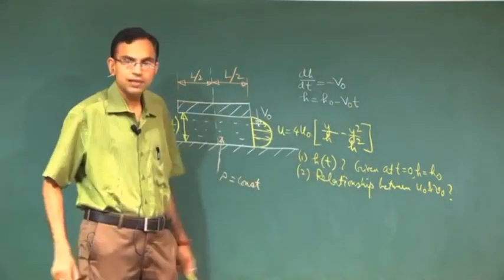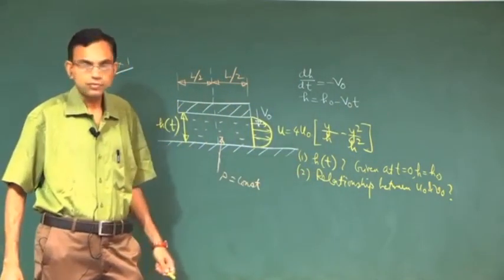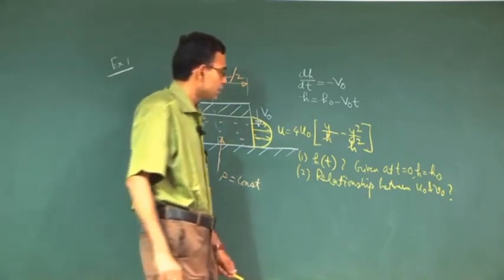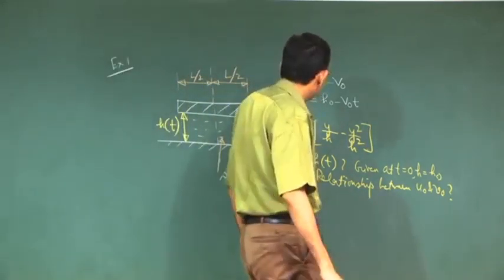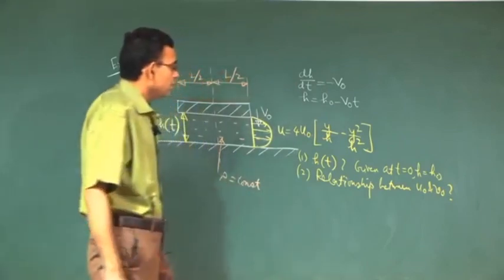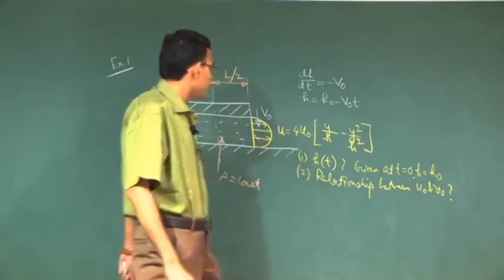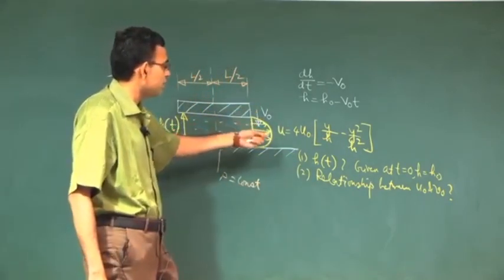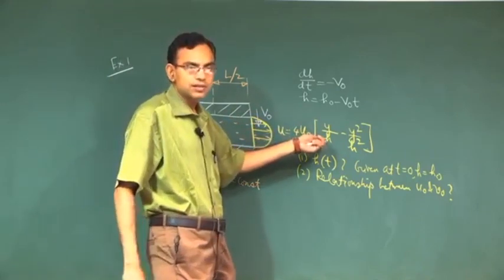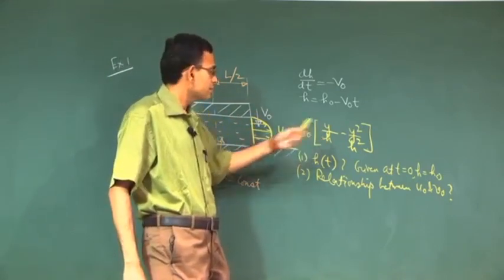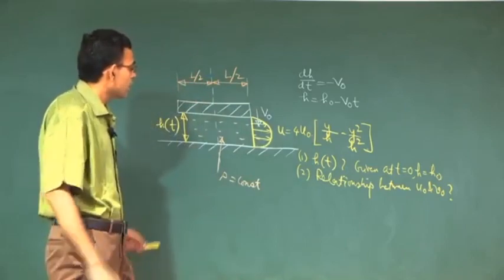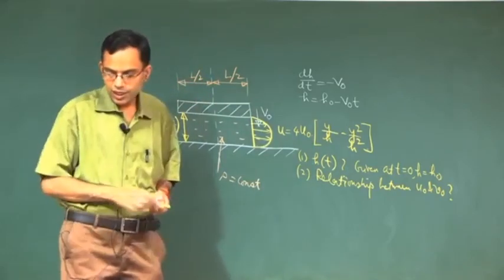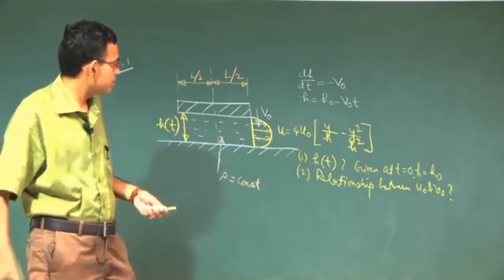So this is h as a function of time. For the next part we have to relate this motion with the flow which is going radially outwards. To do that we can make a control volume analysis.